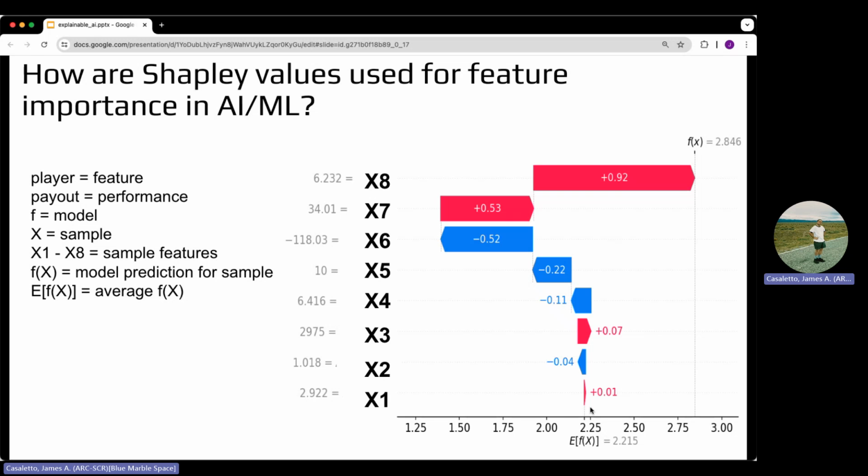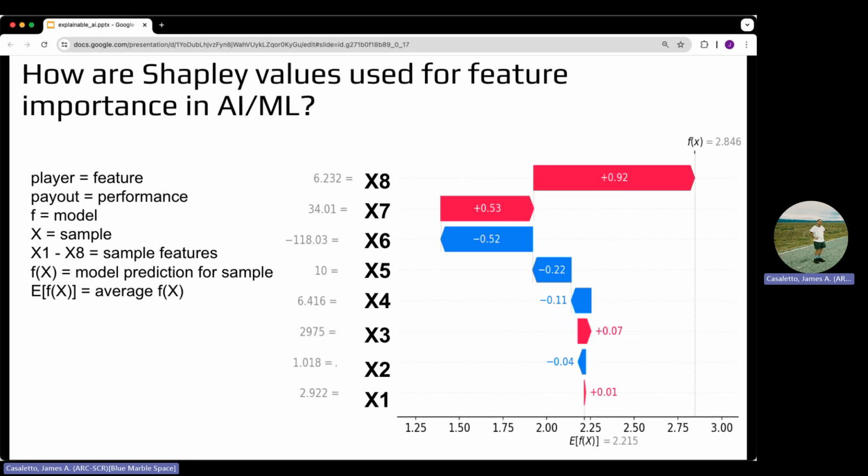Starting from the bottom then, if we add in the first feature x1 to the model, we see it contributes 0.01 towards the actual predicted value of f(x), which is 2.846 there on the top. Then feature x2 is added to the coalition, and its contribution goes in the wrong direction by 0.04.